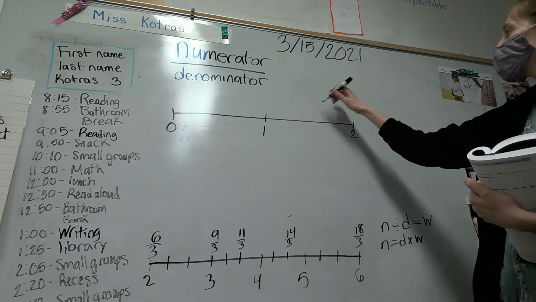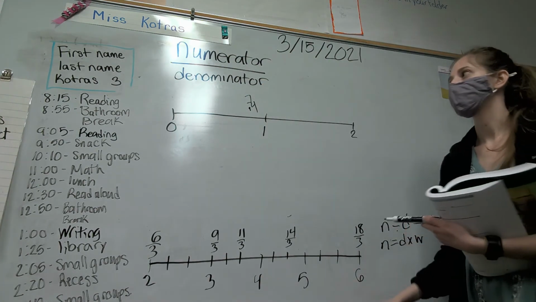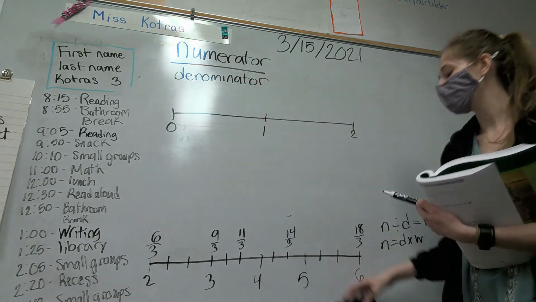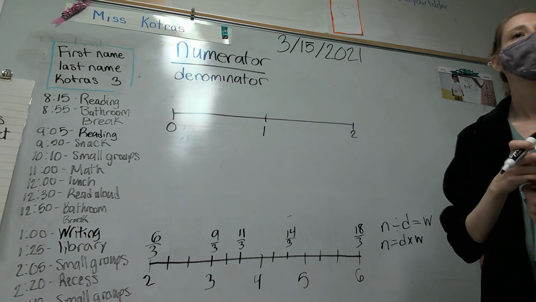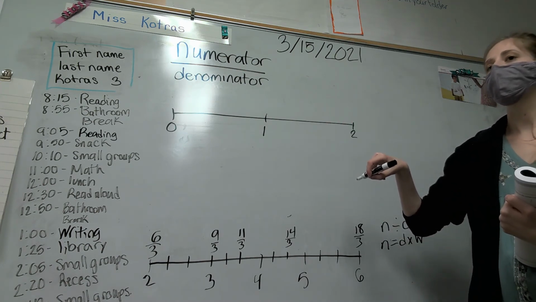What do I need to do on this number line to prove where 7/4 needs to go? Micaiah? We need to draw our intervals, right? Yeah. We need to draw our lines.